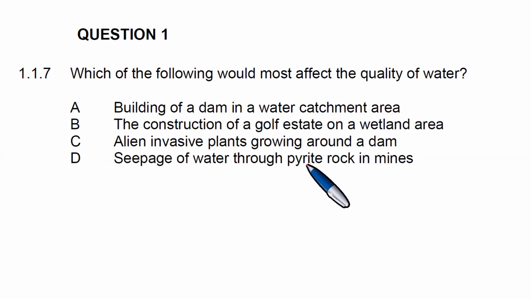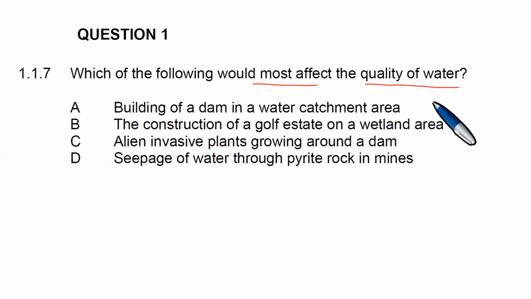Right. So we're looking at the kinds of questions we need to be able to answer, but I'm yet to look at these in detail. However, in view of this, which of the following would most affect the quality of water?